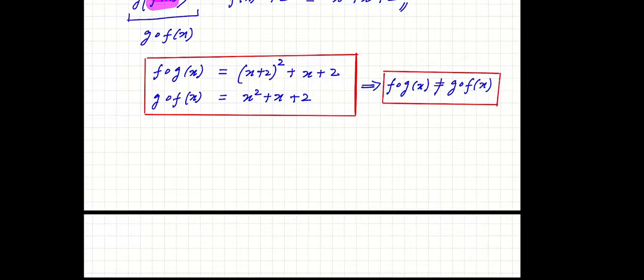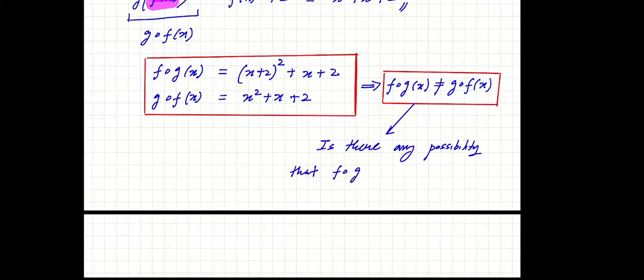Now I'm going to teach you one important connection here. Mathematicians thought, is there any possibility that f∘g(x) is equal to g∘f(x)? Is there any possibility this can happen?